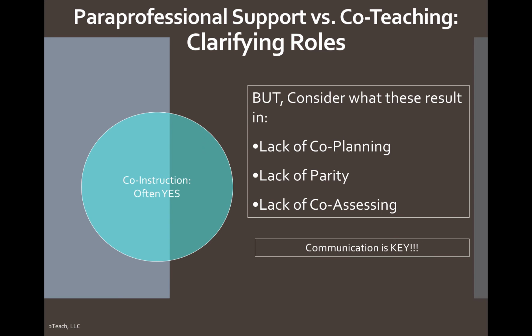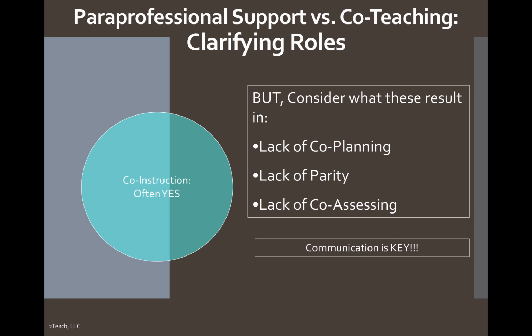Okay, so because there's a lack of co-planning, there's a lack of parity. Teachers and paraprofessionals do not share the same parity because teachers are usually the credentialed ones, the ones on record. Paraprofessionals are there to support the entire class as a whole. So there's that disparity existing. And also because paraprofessionals do not engage in the co-assessment piece, this is why it's not co-teaching, but it is co-instructing, because we're taking one of those three components.